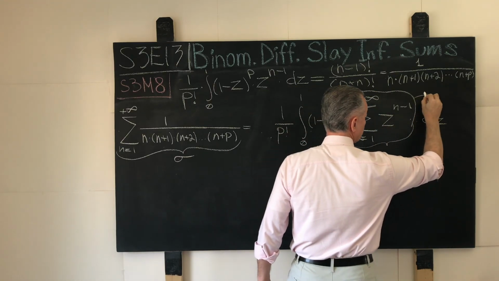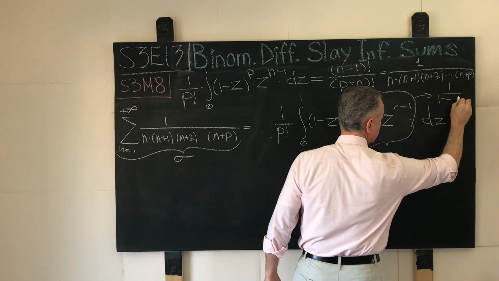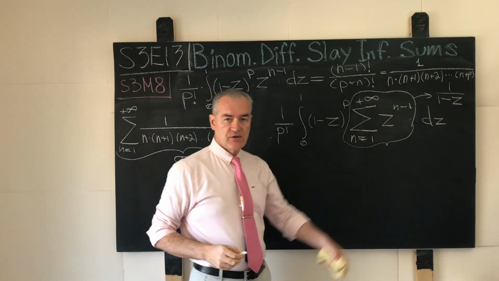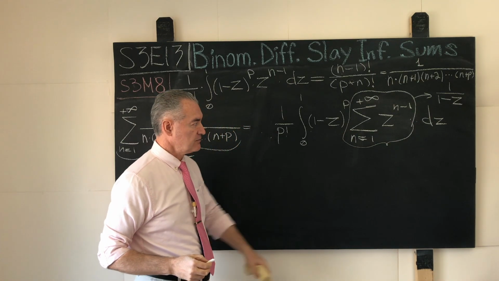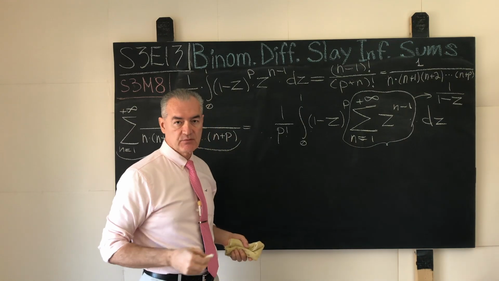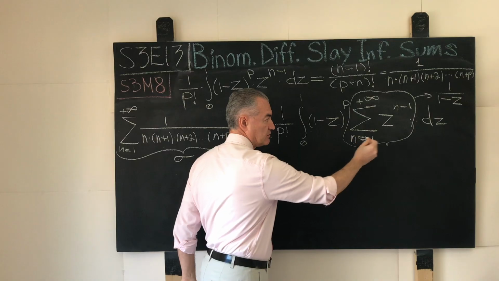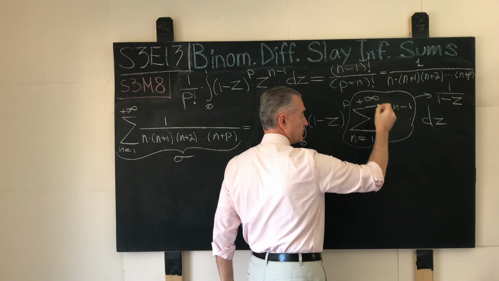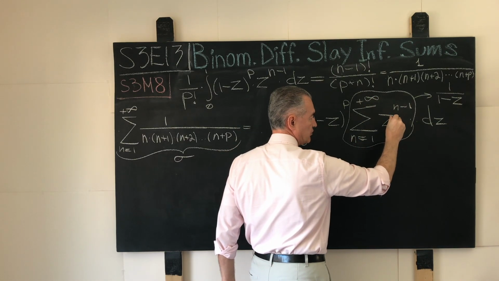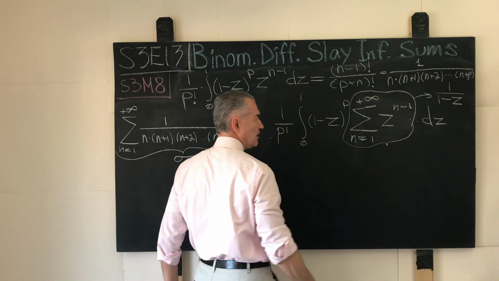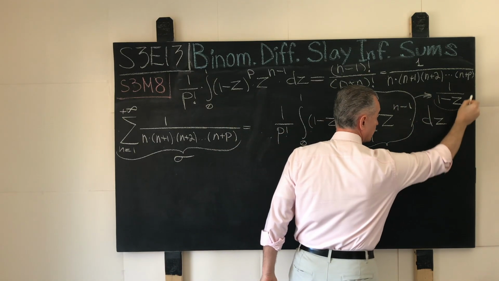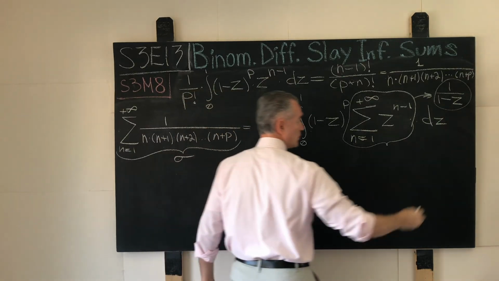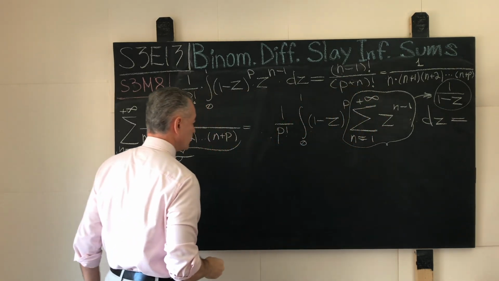For example, if we replace n minus 1 with uppercase N, that is, lowercase n with uppercase N plus 1, when lowercase n is 1, uppercase N is 0, so technically we have a sum that runs from 0 to positive infinity, but the common term is raised to the power N. And the sum of the infinite geometric series is known to us. This is our favorite expression, 1 over 1 minus z. So what do we have now? Now we have the following result.